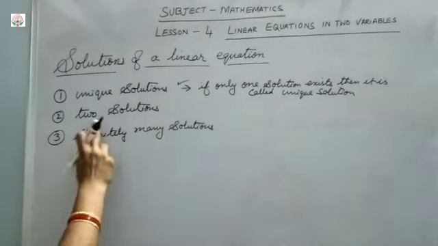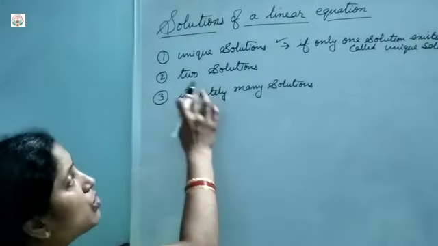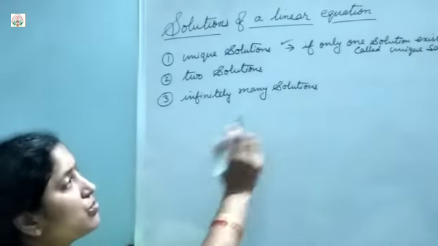Okay. Now two solutions means for a particular linear equation, if there are only two solutions, then it is called two solutions. Okay.